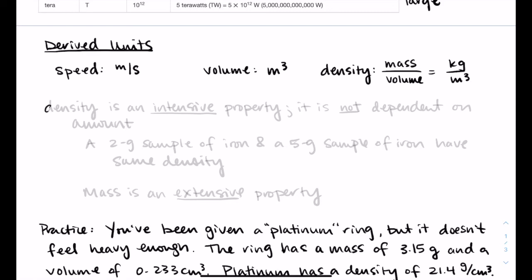Density, which we will use quite a bit actually as we go to do some example problems, is an intensive property, which just means that it doesn't depend on how much you have. So it is not dependent on the amount.